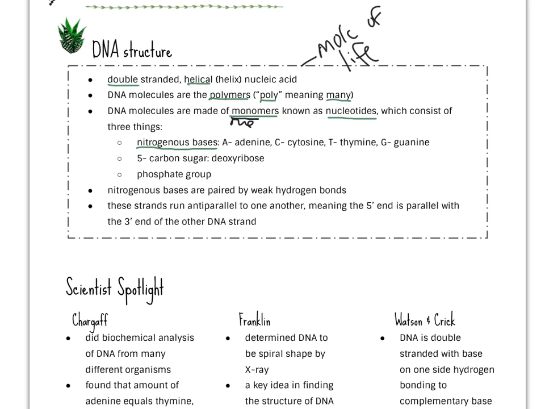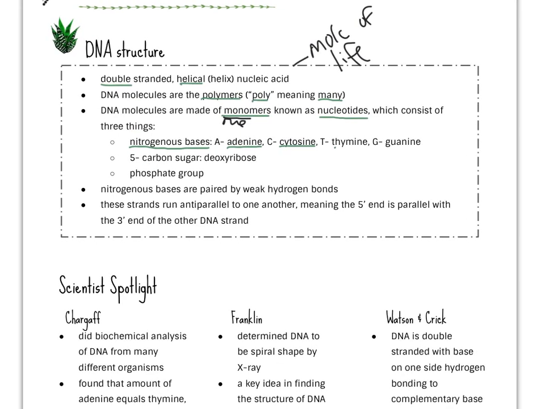And these 4 bases for DNA are, the A is adenine, the C is cytosine, the T is thymine, and the G is guanine. So those are the 4 bases. Those will repeat in sequences. And those bases help make up the DNA molecule.